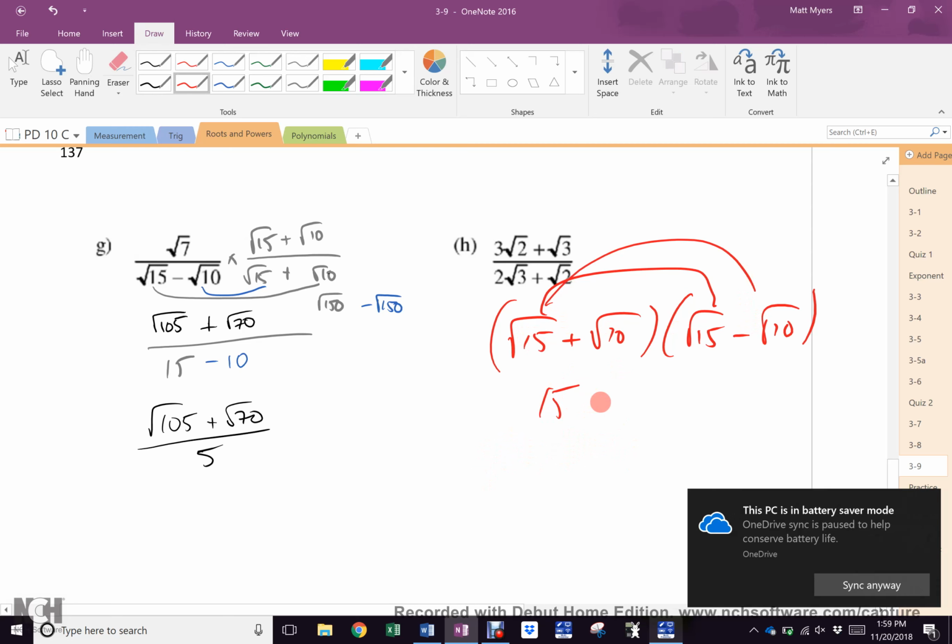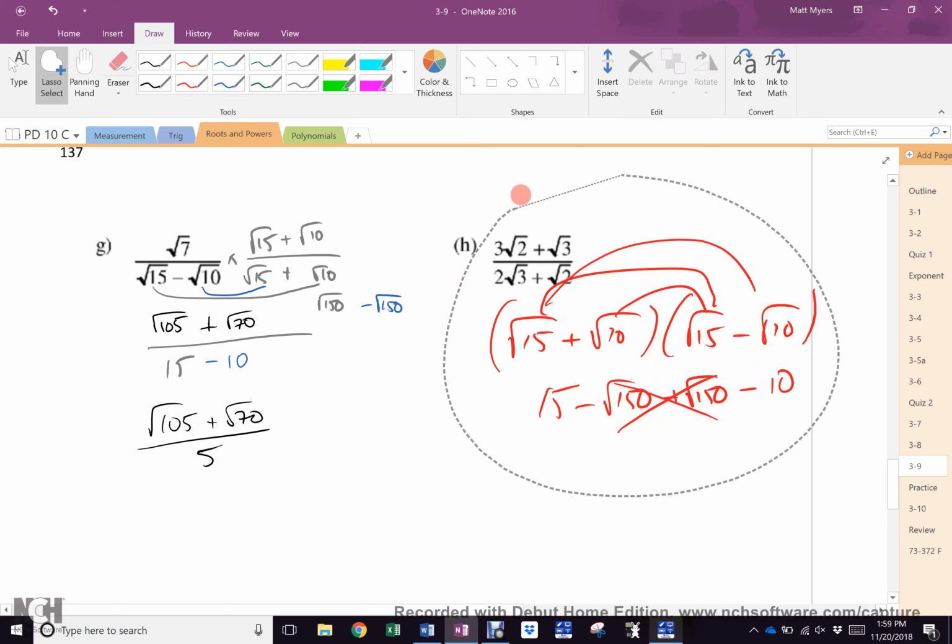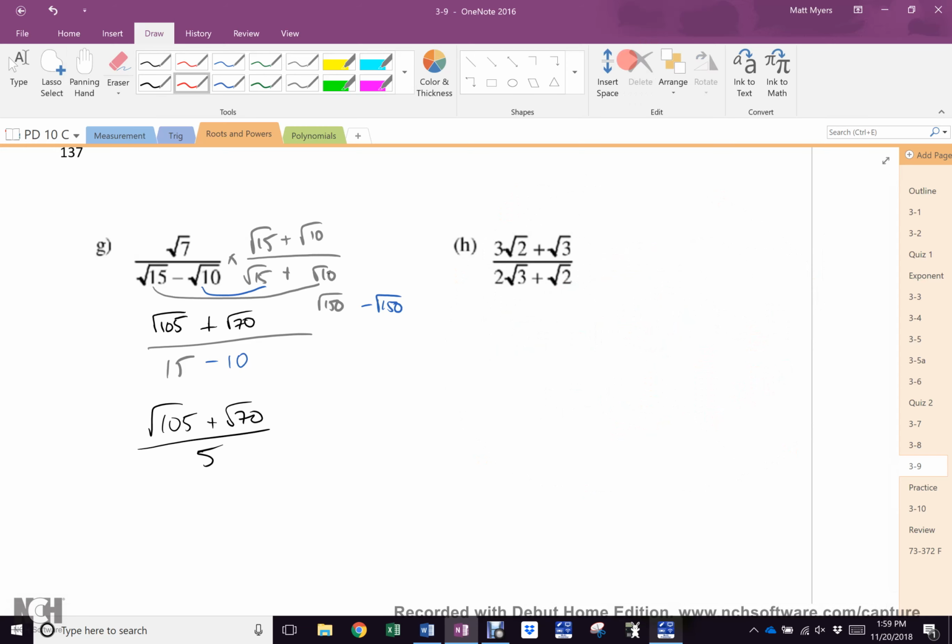Right? Minus root 150. What is positive root 10 times root 15? Positive root 150. And what is positive root 10 times negative root 10? Negative 10. Plus negative root 150 plus root 150. Oh, okay. Okay. Two negatives. Now we get to the actual difficult stuff.